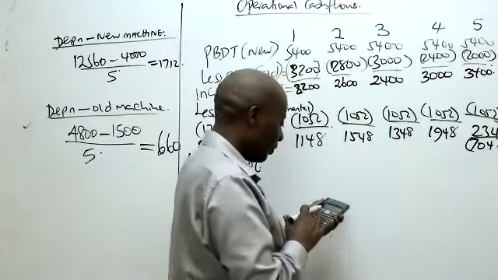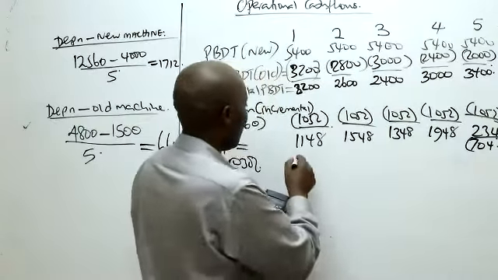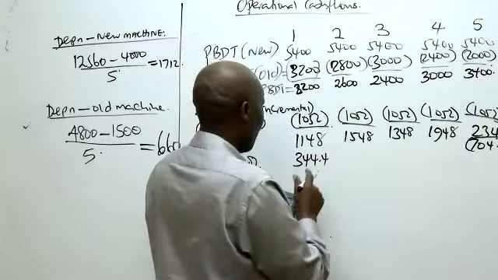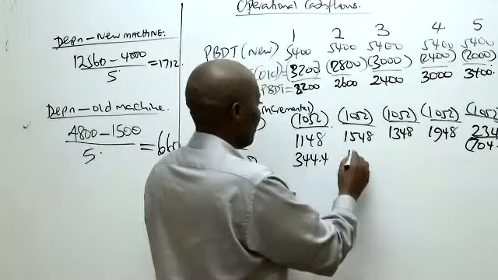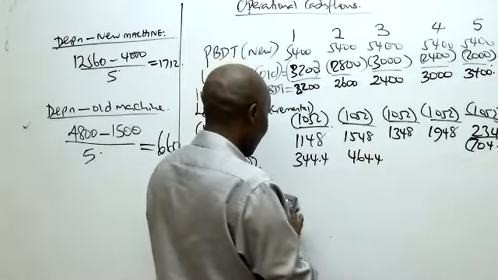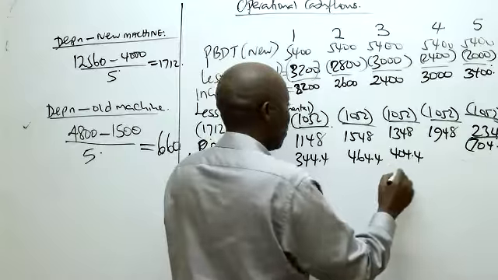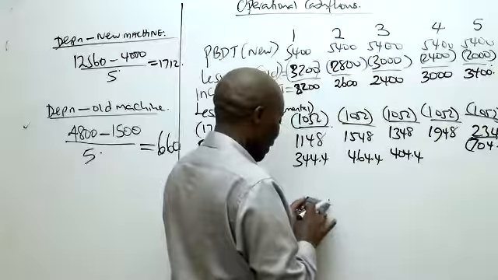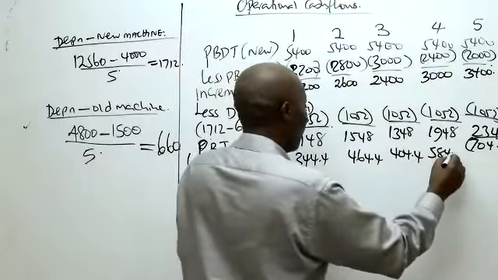Then we have 1148 times 0.3, which gives us 344.4, 1548 times 0.3, which gives me 464.4, 1348 times 0.3, which gives me 404.4, and then we have 1948 times 0.3, 584.4.